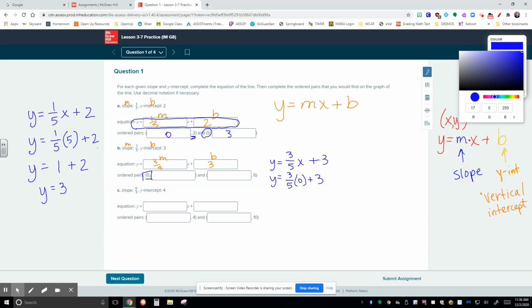And then in the second part, I would use y equals 3/5 of x plus 3. In the second part, I have a y coordinate of 6, so I would have 6 is equal to 3/5 of whatever the x coordinate is, plus 3. Solve them, and you'll get those values that fill in for right here and then for right here. Hopefully that gives you a good shot with those.